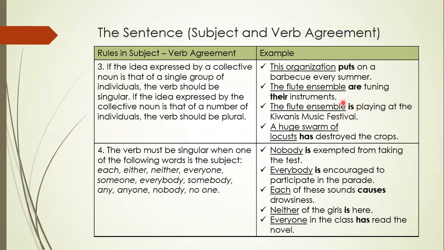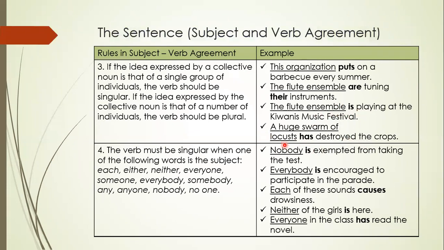So you need to use is for the verb. Another one: a huge swarm of locusts has destroyed the crops. Now, a huge swarm of locusts is talking about a single group. You know, sometimes a swarm of locusts goes together.